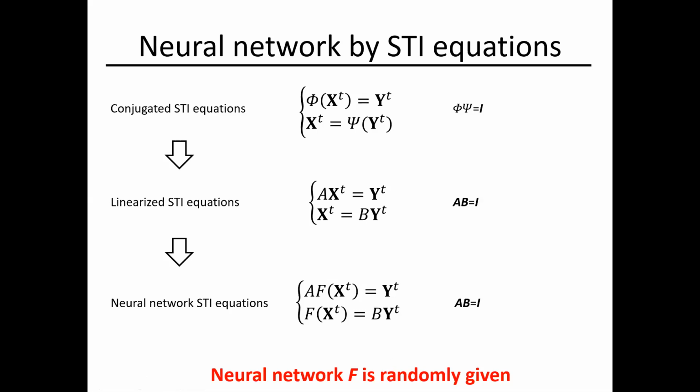So you find many different A and B. But as long as the network F is randomly given, you fix it and don't need to change it anymore. I see. And I will show you why we use randomness.